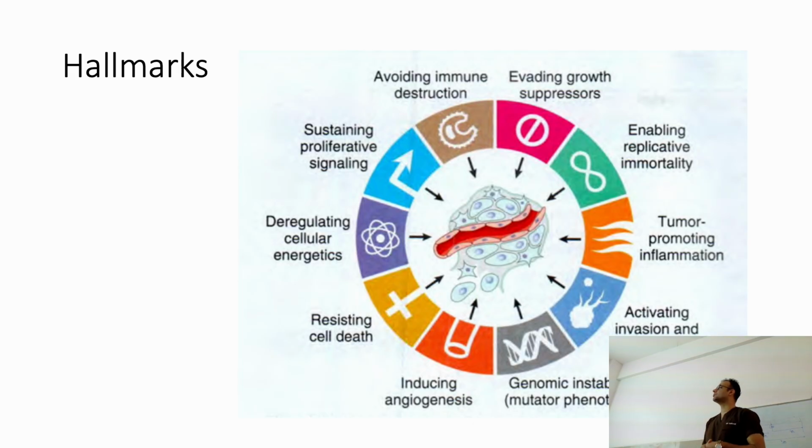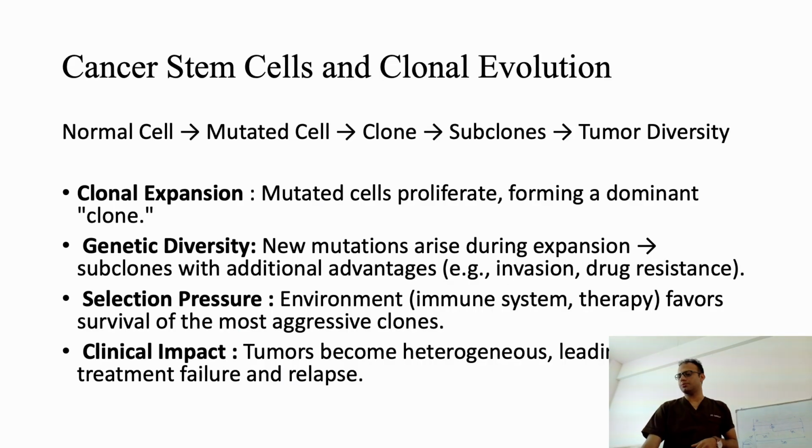There will be mutations in karyotypes inside the tumor, which will further transform into different types of clones. And tumor will induce angiogenesis for more nutrients. They'll resist cell death. They'll deregulate cellular energetics, also known as the Warburg phenomenon. That is, if normal cells require glucose in aerobic metabolism, tumor cells can live in an anaerobic environment as well.